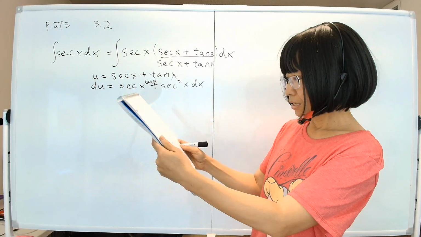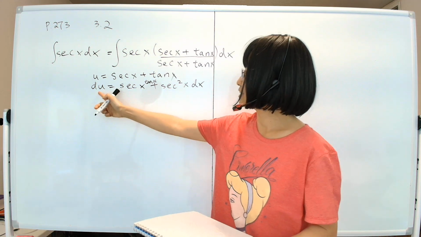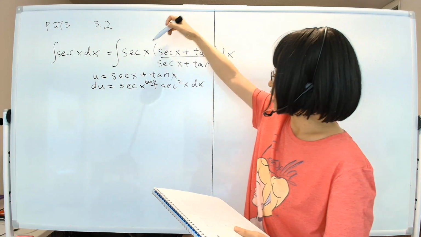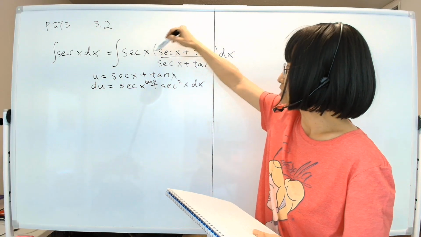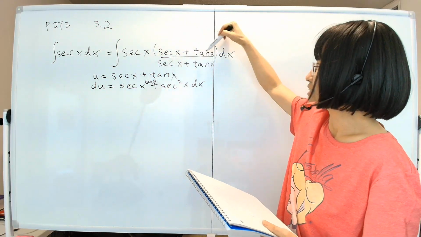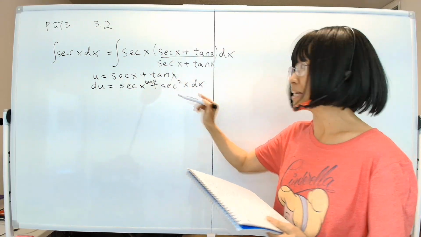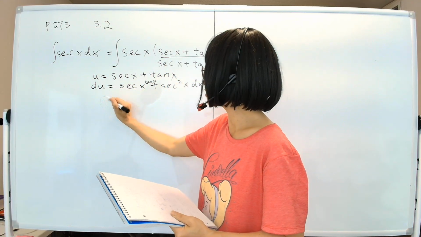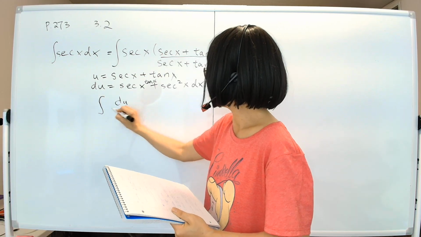All right, which is fine, but look at this thing. What is this du? Du is exactly the stuff on top, all of it. Here's secant squared, and here's secant tangent. Whereas u is everything on the bottom. So this entire integral gets transformed into this neat trick, du over u.